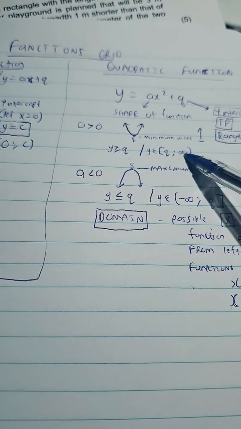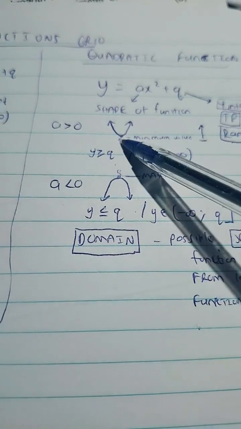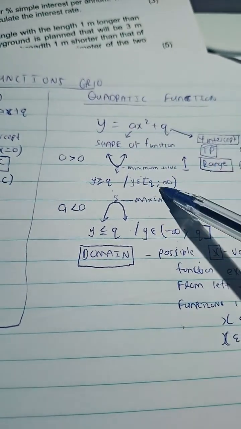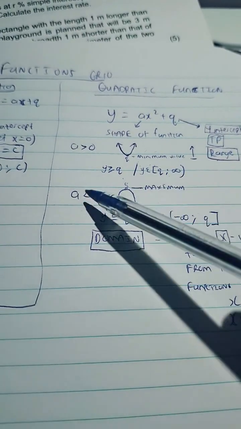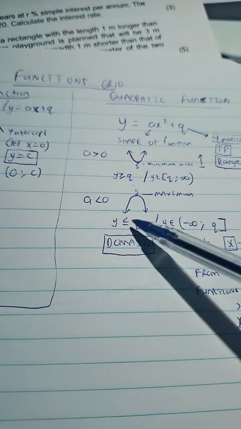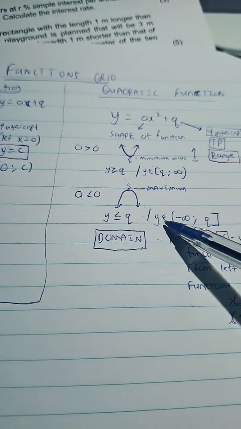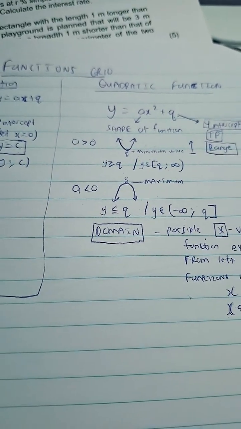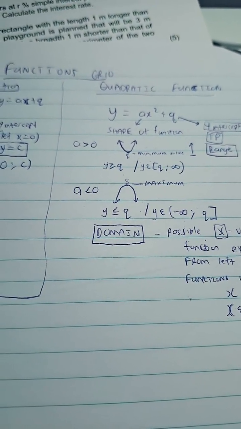This is not actual; it is a representation of the function going on forever and ever in the positive direction for y. Then here, this is a concave down function. Y, we say here, is an element of from negative infinity to q. So that's very, very important.